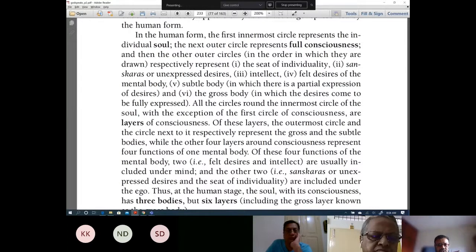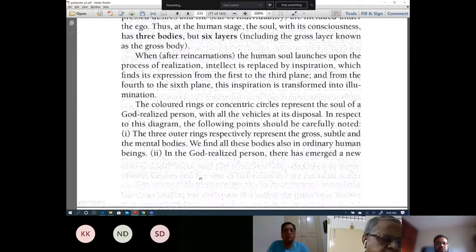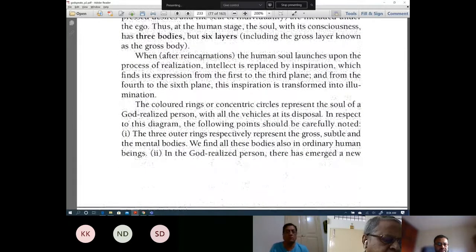Of these four functions of the mental body, two, felt desires and intellect, are usually included under mind, and the other two, sanskaras or unexpressed desires and the seat of individuality, are included under the ego. Thus, at the human stage, the soul, with its consciousness, has three bodies but six layers, including the gross layer known as the gross body.